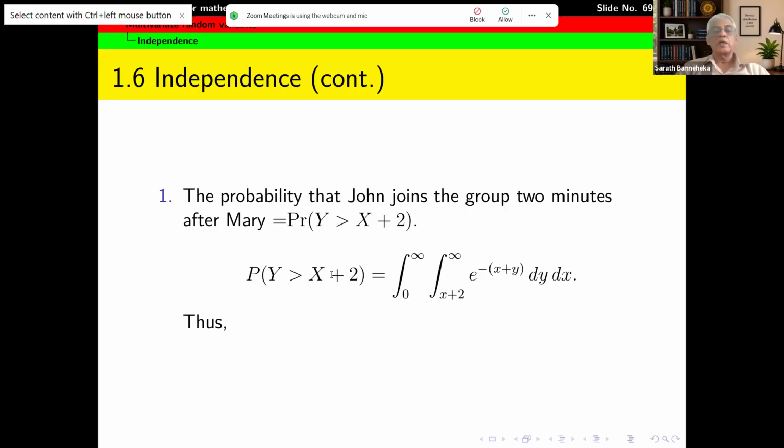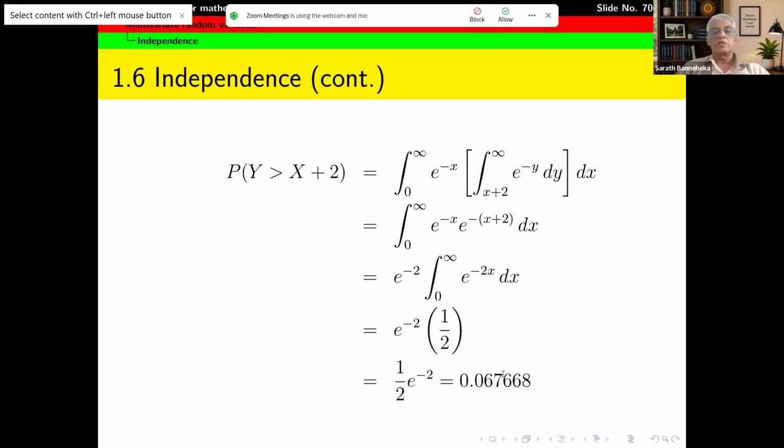So Y greater than x plus 2, in the region y greater than x plus 2. And therefore y can go up to infinity. Therefore, y will be changing from x plus 2 to infinity. And then x, when you are integrating with respect to x, can go from 0 to infinity. So therefore, the probability Y greater than X plus 2 is given by this expression. And then we get this answer here, right? 0.067.